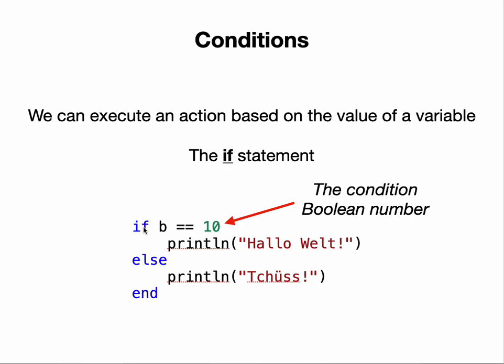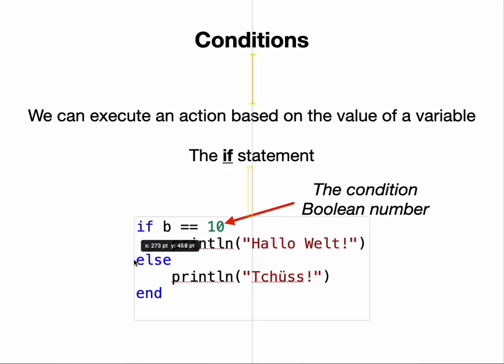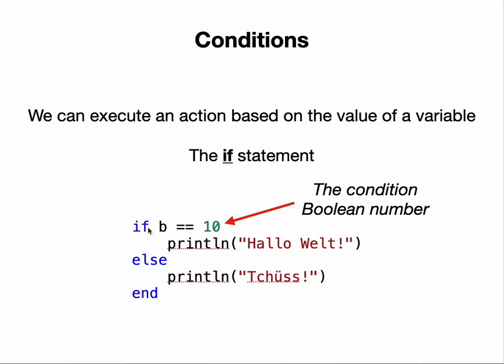It starts with the if keyword, ends with the keyword end, and if you want an alternative condition, you can use the statement else. So here, if b is equal to 10, hello world will be printed to the standard output. Else, in all other cases, tschüss will be printed to the standard output.